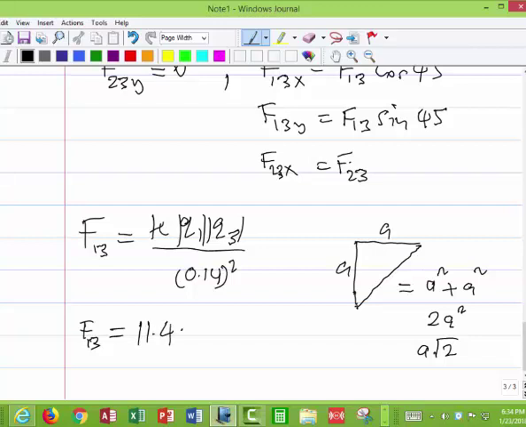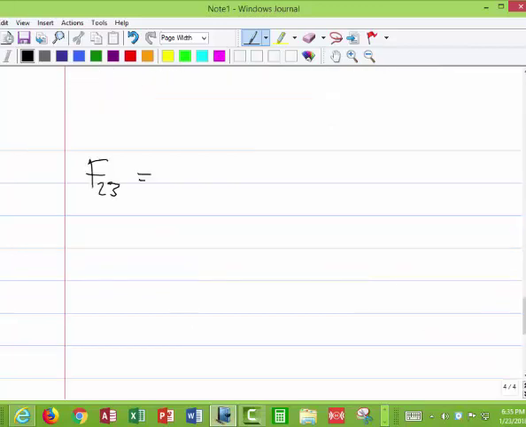Okay, I think 11.4 is fine. Yeah. And then what about F23? So F23 is equal to K Q2 Q3 divided by A squared. Take the magnitude of the charges. Okay. So what do you have for F23?